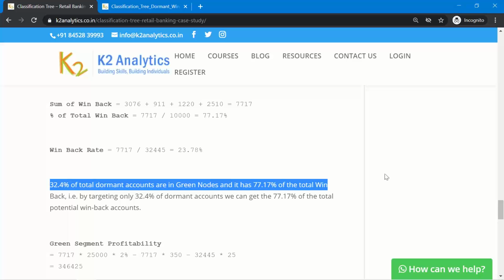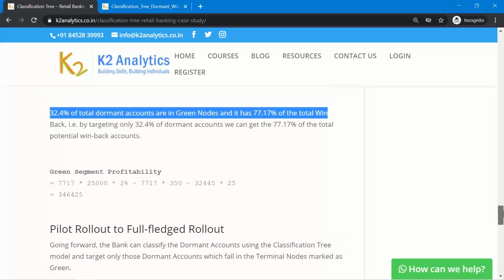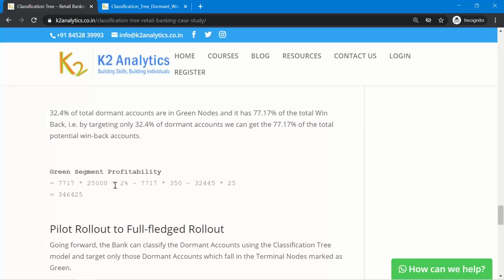What is the profitability of the green segment? If we had done the campaign only on the green segment, I would have a revenue from these 7,717 winbacks, a net interest margin, which is this 25,000 into 2%.